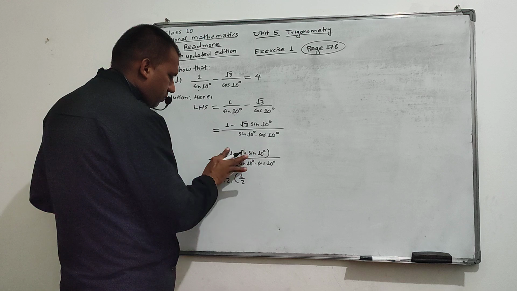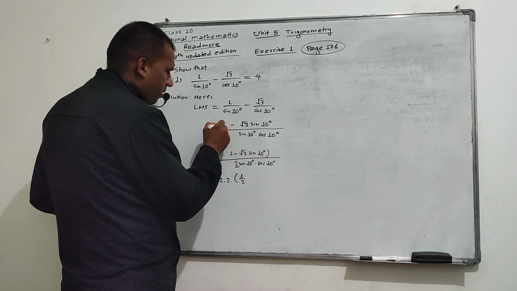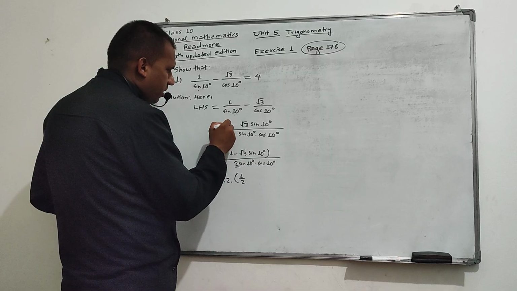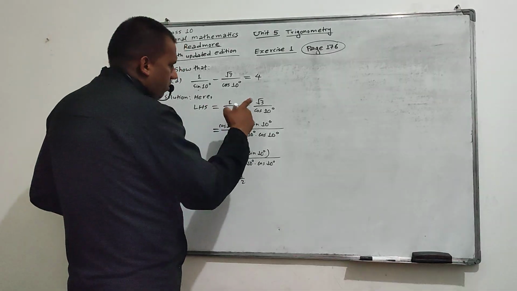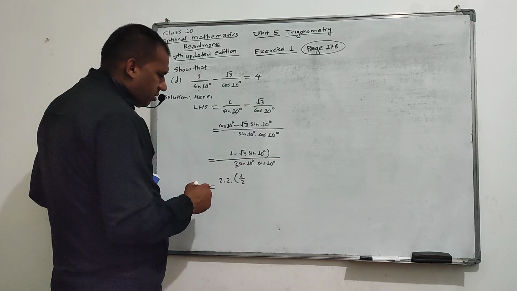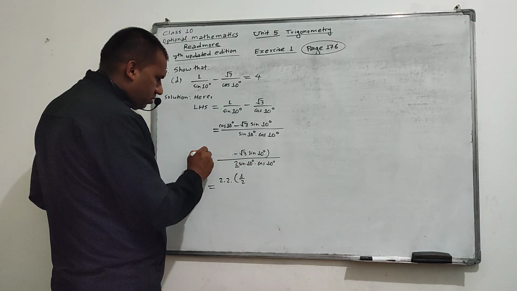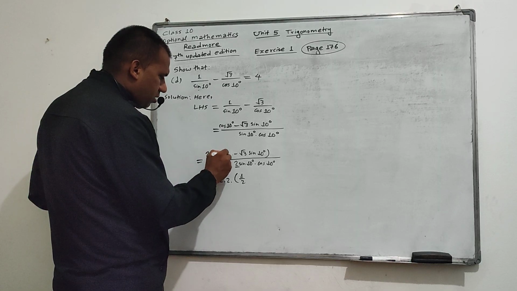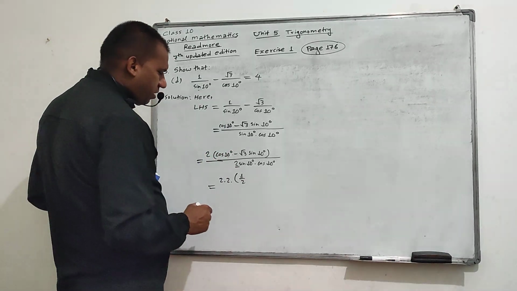Here cos 10, taking LCM, cos 10 minus root 3 sin 10. Now this multiplied by 2 gives cos 10 minus root 3 sin 10 upon 2 sin 10 cos 10.